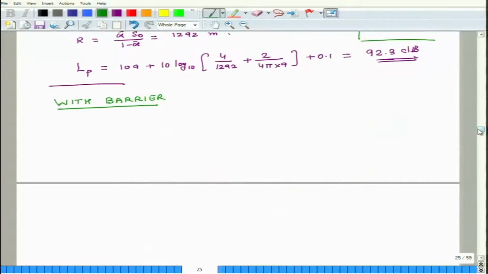So, now we go back and we compute RB. So, what is RB?